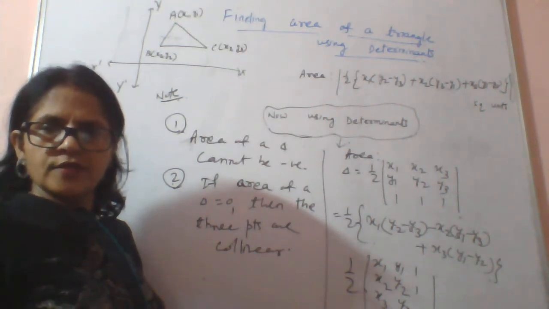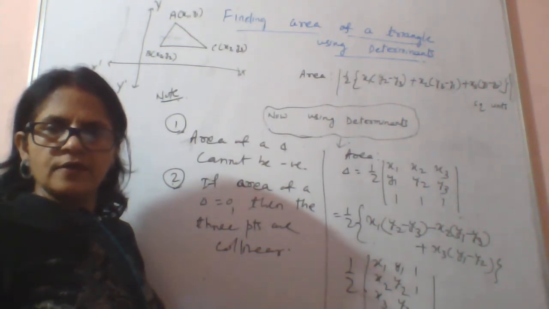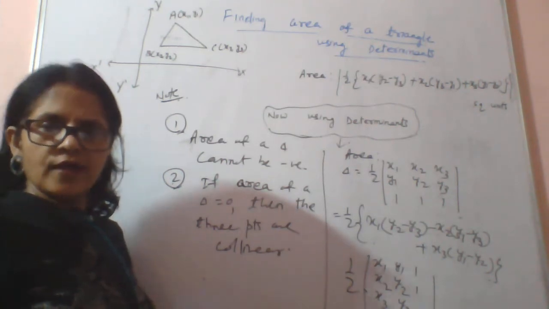So area of the triangle 0 means the 3 points are collinear, because no triangle is formed out of these 3 points.